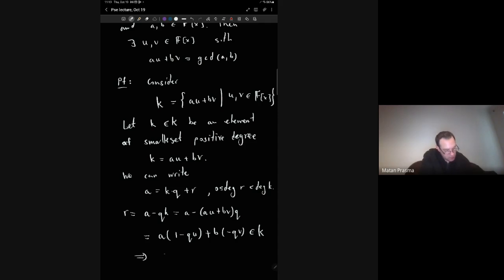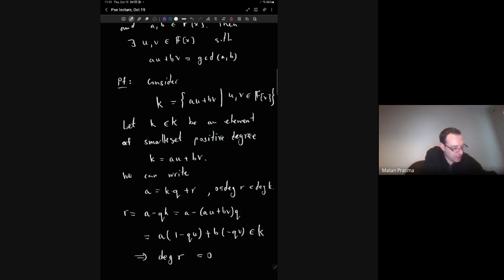So it follows that the degree of R is 0. Well, in fact, I want to show that R is really the zero polynomial.